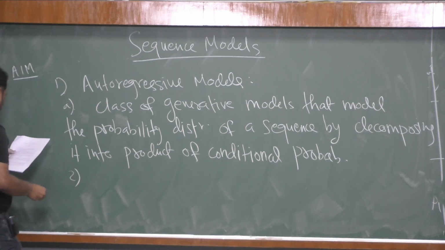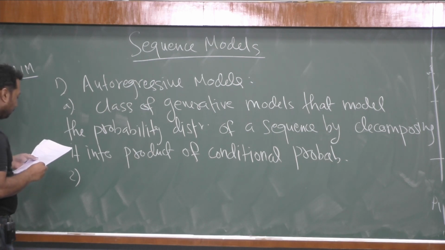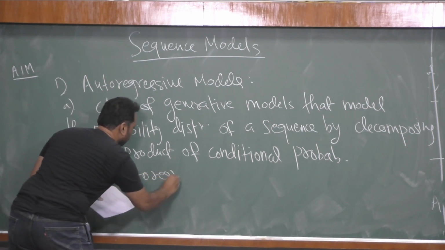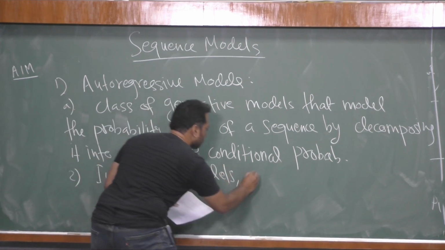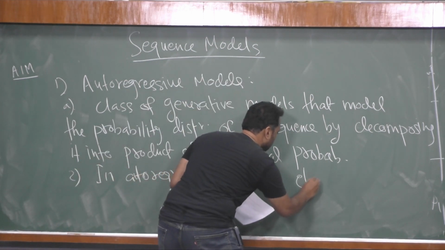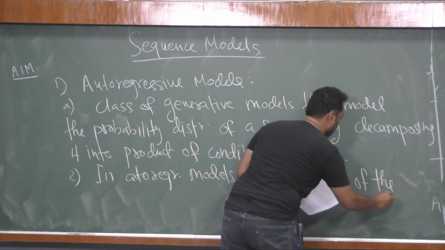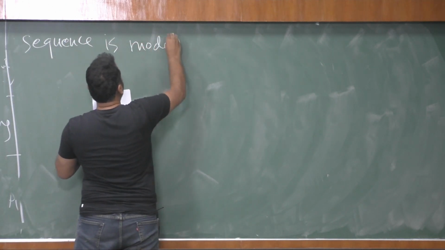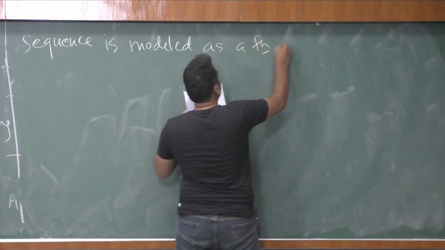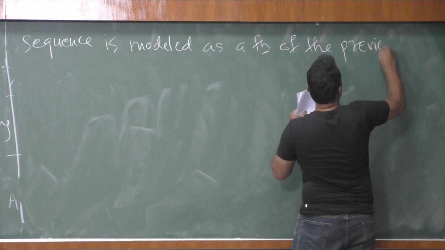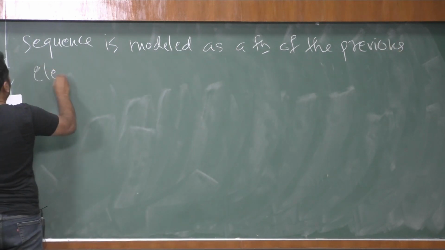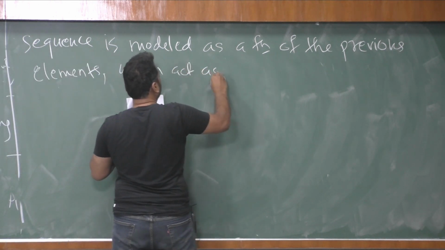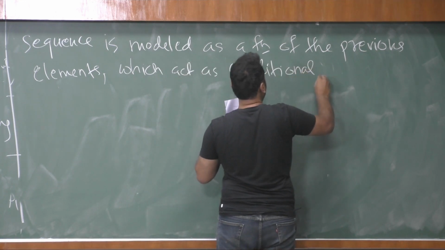And second, in autoregressive models, each element of the sequence is modeled as a function of the previous elements, which act as conditional variables.